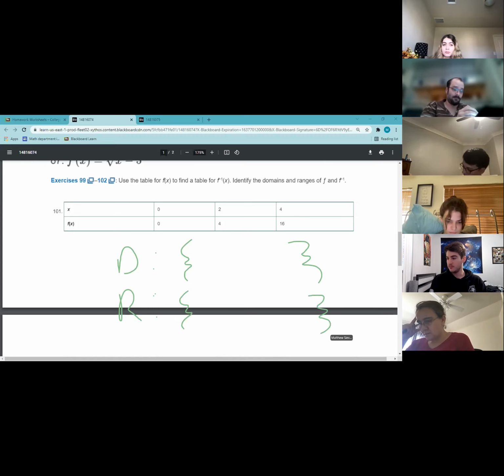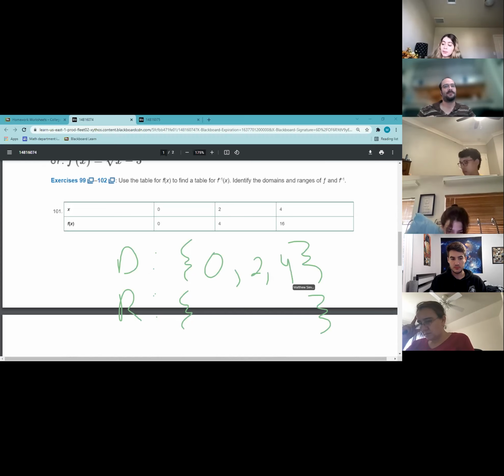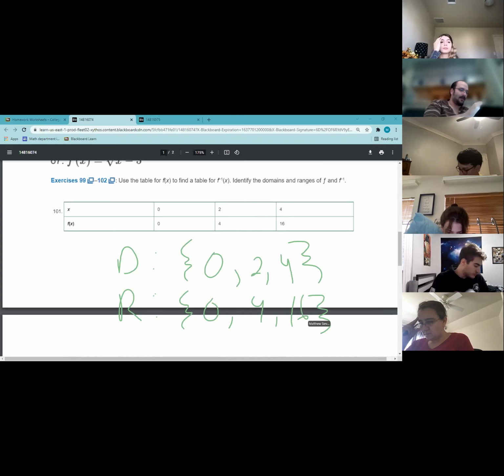What x values do you have? 0, 2, and 4. And just those x values are the ones that are defined. What about my range values? 0, 4, and 16. And this is for my f of x function.